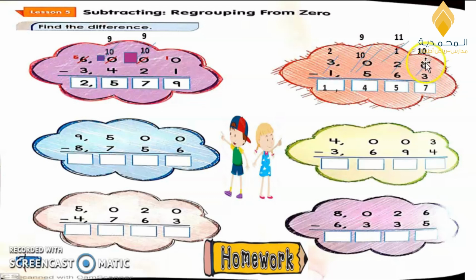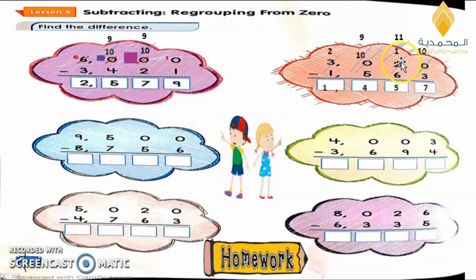No. So again, 0 minus 3, we cannot do it. And let's borrow from the 2. If we take 1 from the 2, it will be 1. And put 1 beside the 0, it will be 10. Now we can subtract 10 minus 3. It means we can take away 3 from the 10, which is, excellent, 7.